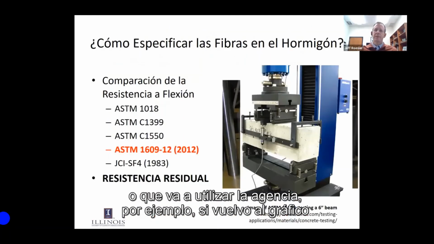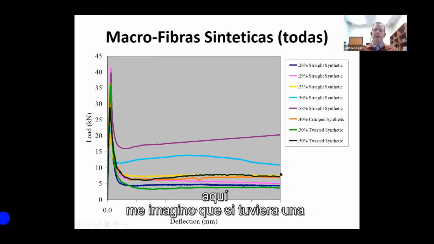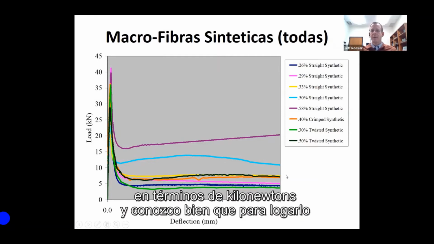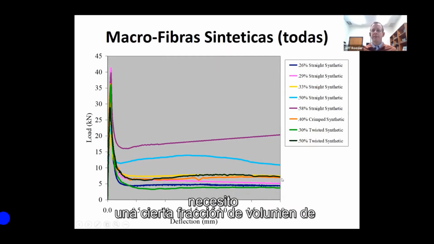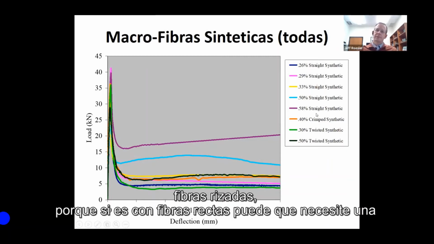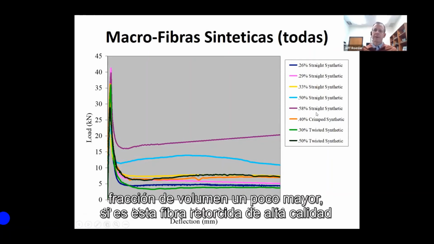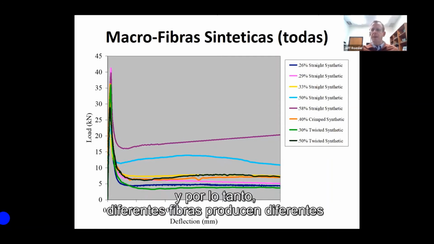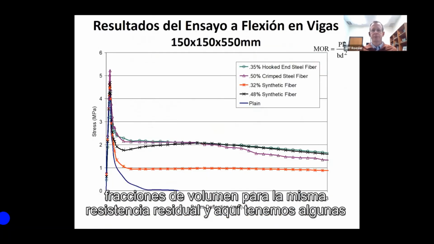For example, if I go back to this plot, if I had a specification that said 1 megapascal, I would calculate what 1 megapascal is in terms of kilonewtons and know that, in order to achieve that, I need a certain volume fraction of crimped fibers. If it's a straight fiber, I may need slightly more volume fraction. If it's this high quality twisted fiber, I may need slightly lower. And therefore, different fibers produce different volume fractions for the same residual strength.